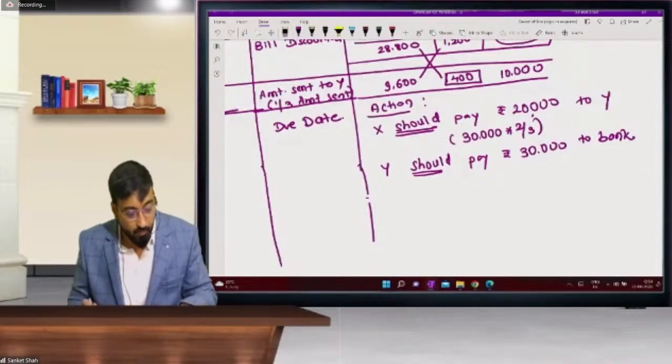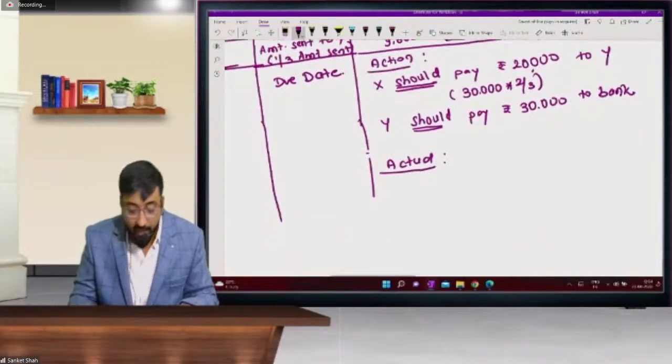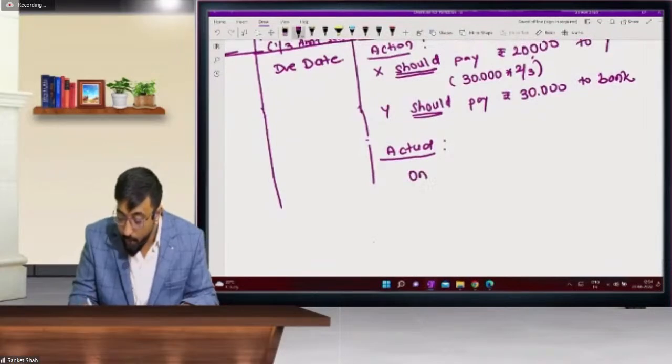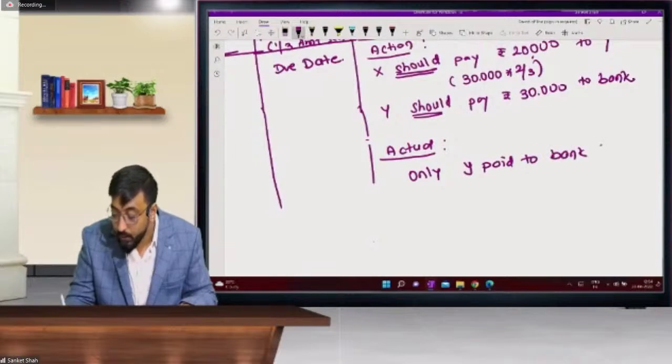But what is the actual action? Only Y paid to bank rupees 30,000.